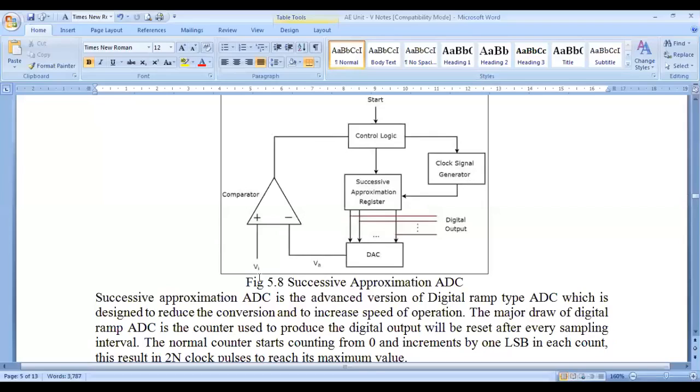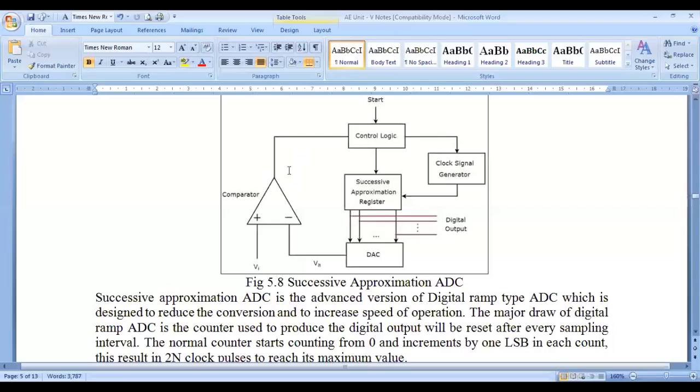When VI becomes equal to VA or less than VA, at that time the output of the comparator will be 0. When it becomes 0, the content of SAR will be the digital output of the given analog signal. Initially, when VI is greater than VA, the comparator output will be 1, so until the output becomes 0, the process continues in a cyclic manner.